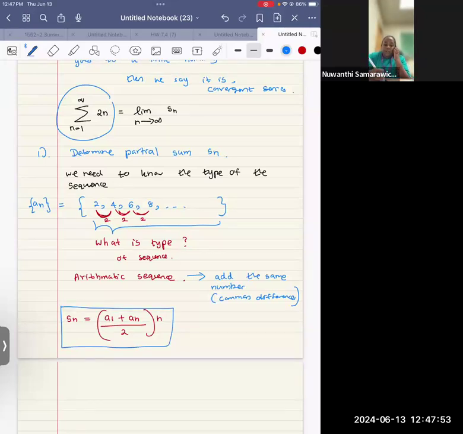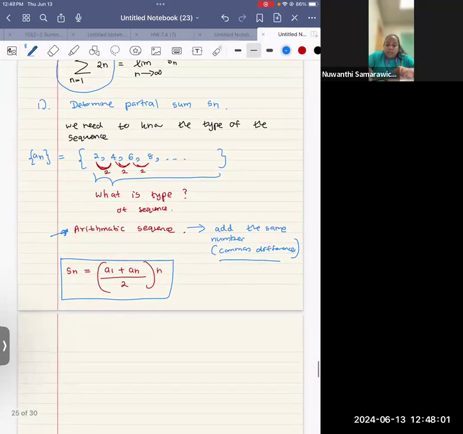If you don't remember this, you have to remember it. If it is an arithmetic sequence, that means it has a common difference like this sequence, and this is the partial sum of the arithmetic sequence. Have you ever seen this, the arithmetic sequence?